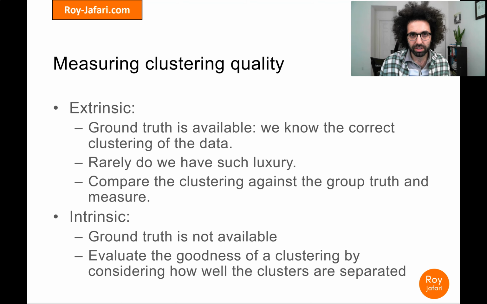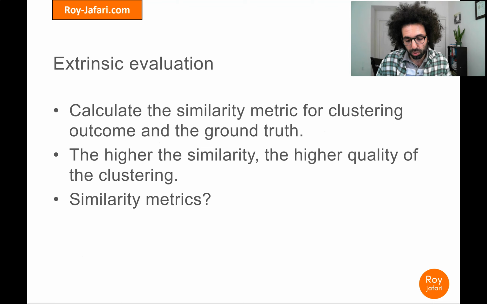So a few words on the extrinsic one. In rare cases, if we do have that ground truth, how do we go about this sort of evaluation? The answer is very simple. You've got the ground truth, the clusters that are correct, and then you've got the clustering that you've already done. How do we know if it's any good?